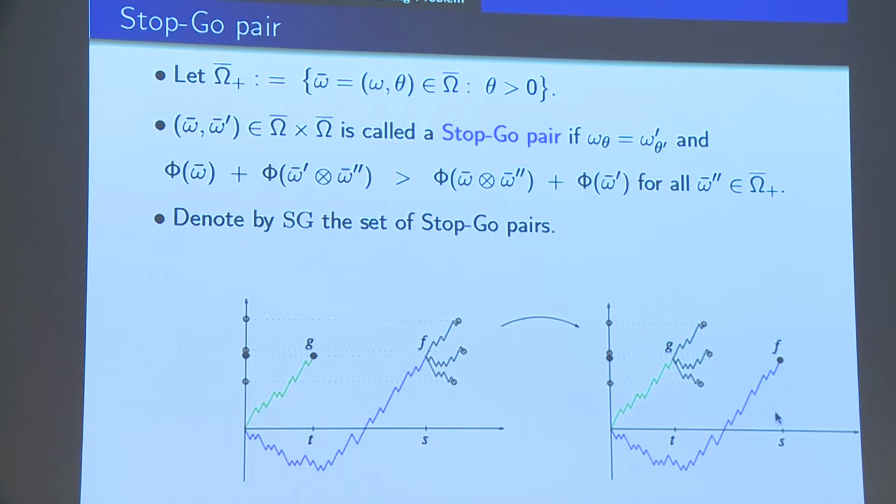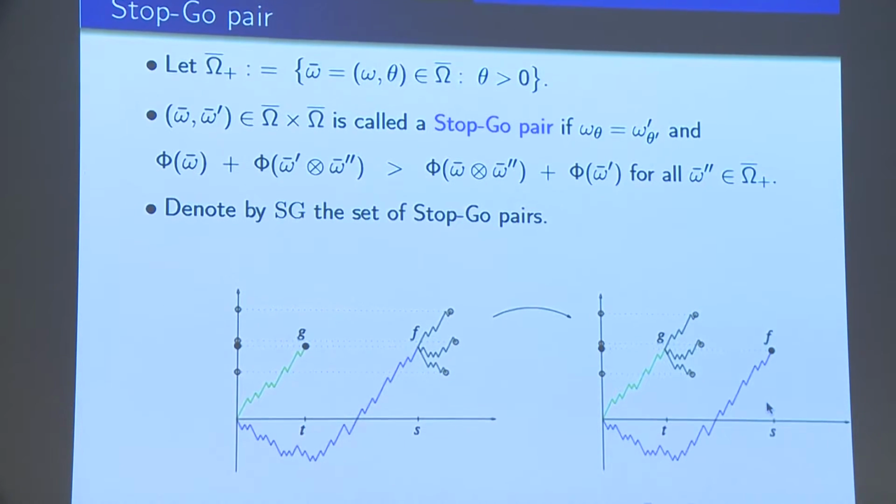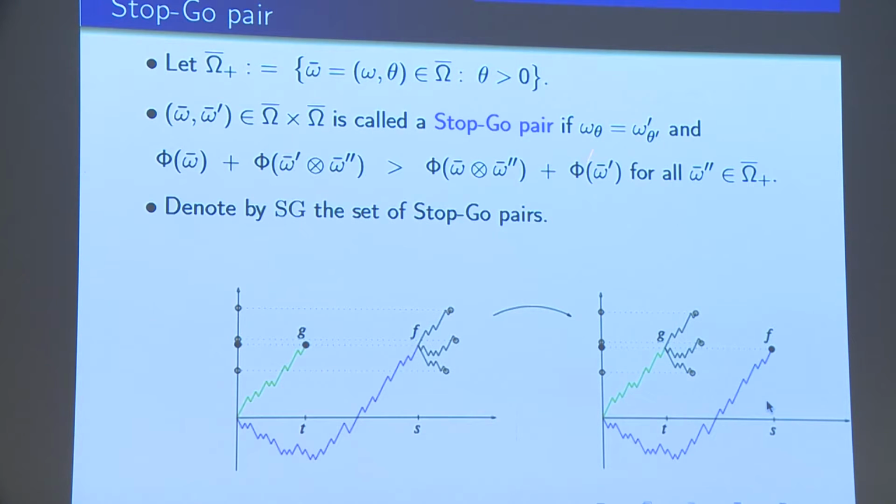It's a couple of elements in omega bar, such that the two paths are determined at the same level, that is, omega theta is equal to omega prime theta prime, and moreover, this property is satisfied for this pair. I mean, if for any new path which is not reduced to zero, it has some strictly positive length.